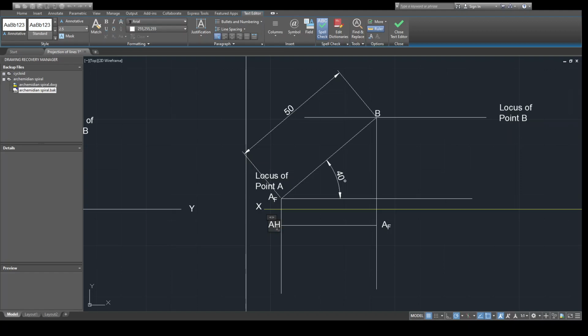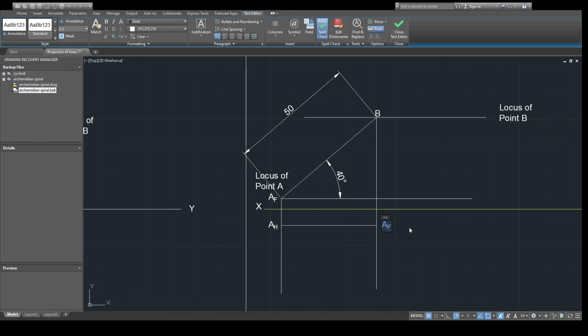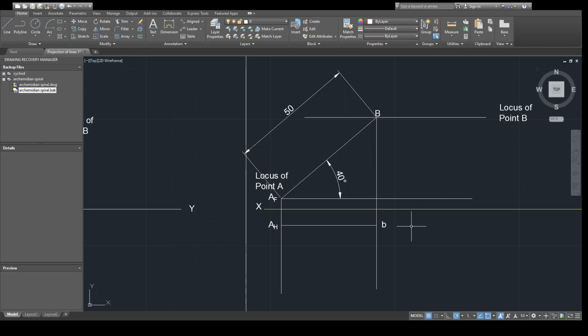So this point is AH, and this I will call small b.